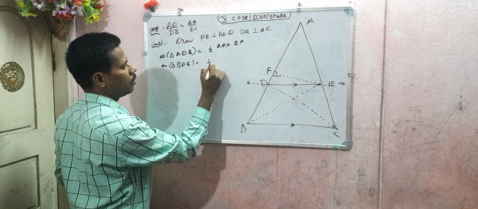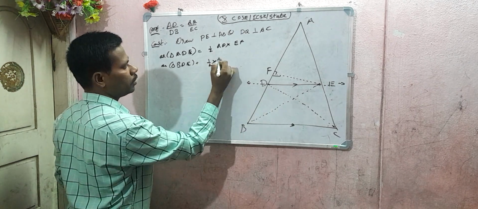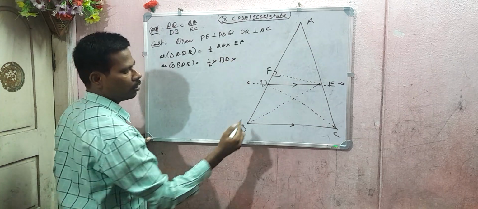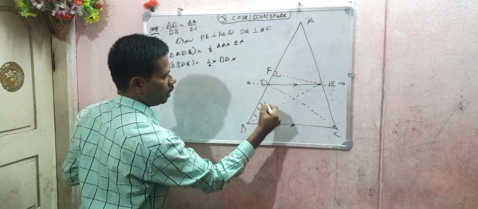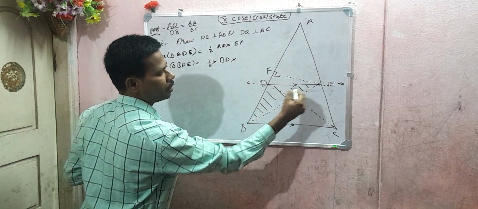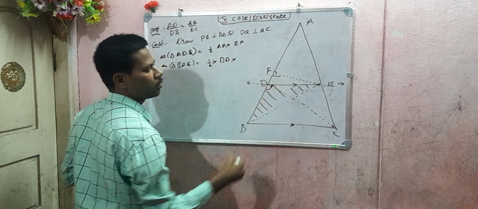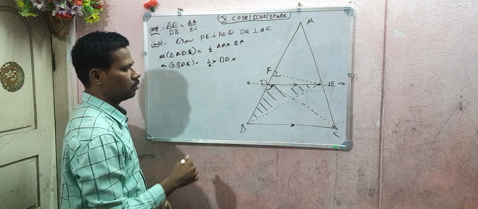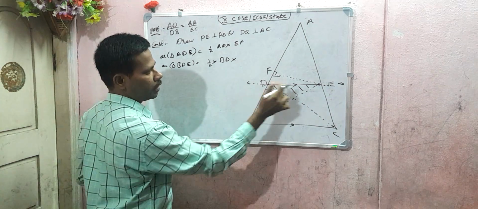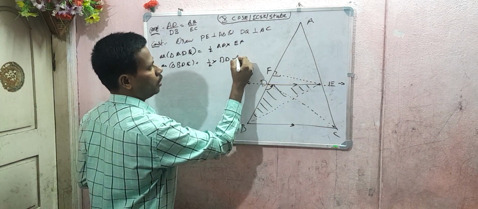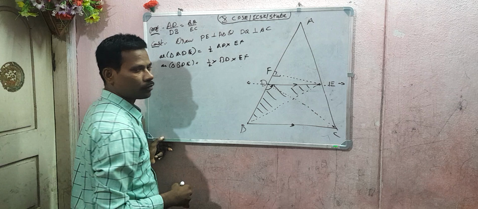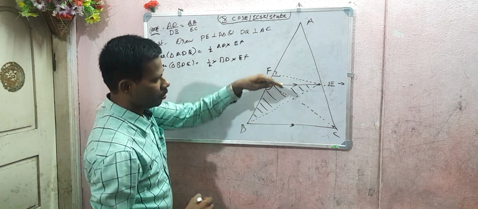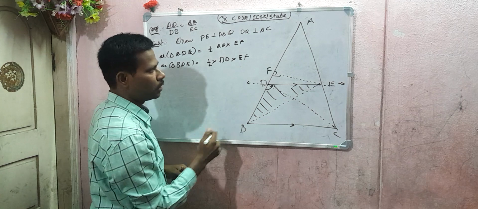BD, half into BD into EF. Now you know that clearly this triangle is an obtuse angle triangle. For an obtuse angle triangle, the altitude lies outside the triangle. So half into base BD into EF. So the altitude lies outside.